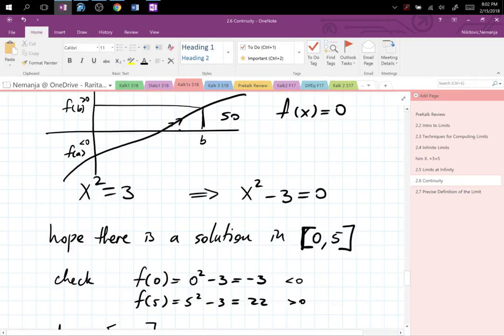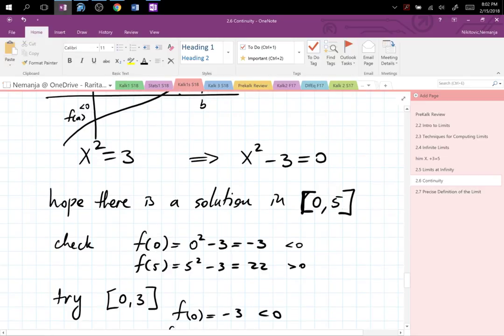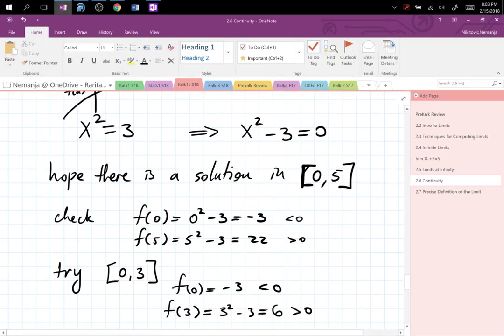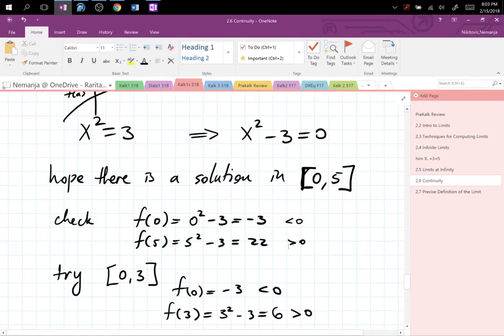So what do you do next? You make a next guess. You cut the interval into a smaller interval. And what we chose is 0 to 3. So now compute at 0 and 3, and you get less than and larger than again. That means that one side is below the x-axis, one side is above the x-axis. When you connect them with a line, it cuts through the x-axis somewhere. That cut is the root, that is the answer, wherever it happens.